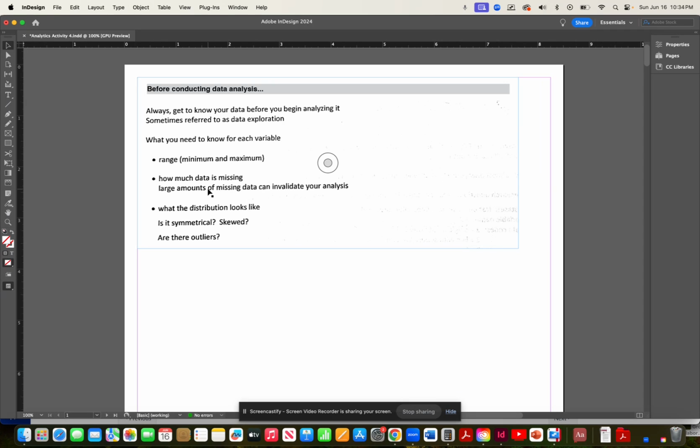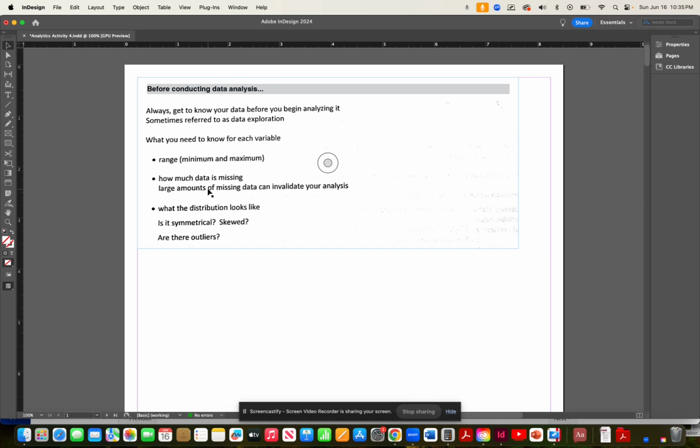There are a few things we want to know about each variable before we jump into running statistical analysis on them. And this is something that I already covered earlier, but I want to go ahead and reiterate it. First thing we want to look at is the range.